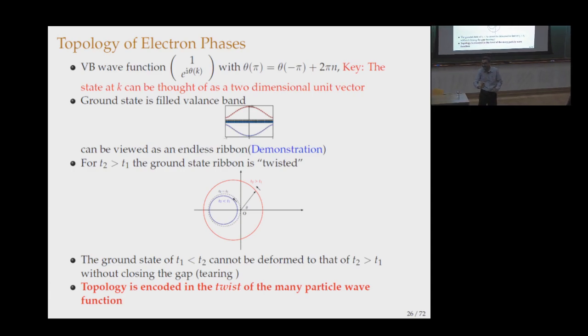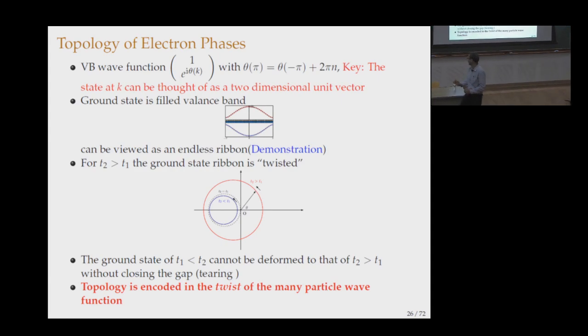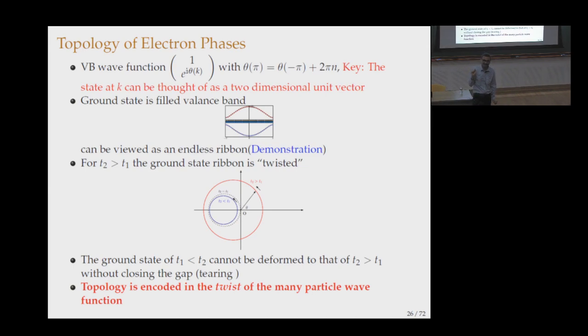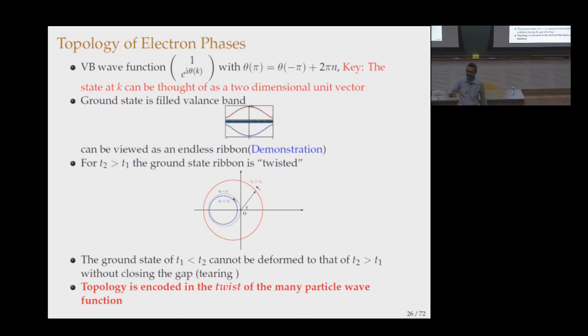So if I am in the metallic phase, when T2 equals T1, this point is exactly that, and you see this point becomes zero energy. At that point, the phase is not well defined anymore. It becomes zero. So it's like cutting. If you want to think of it, you are tearing the paper.